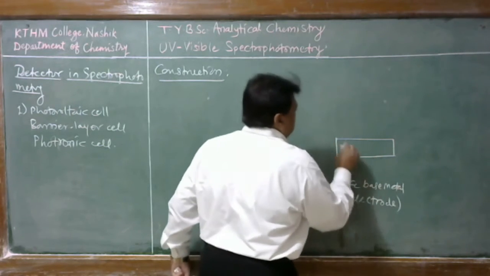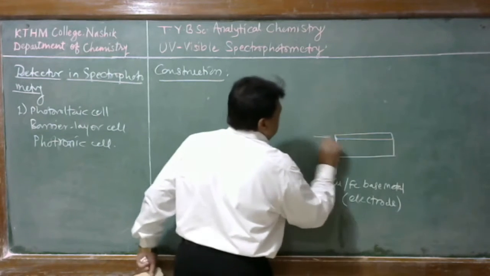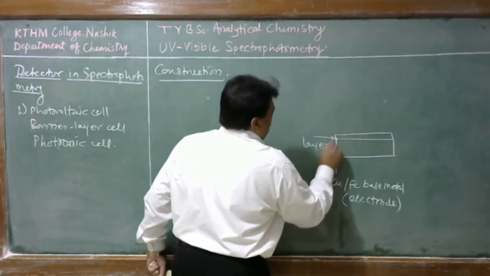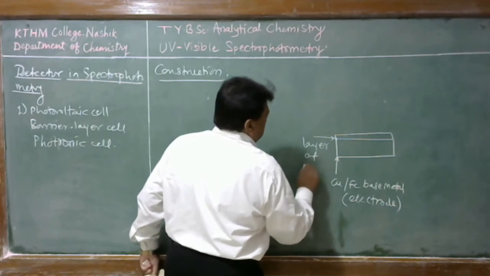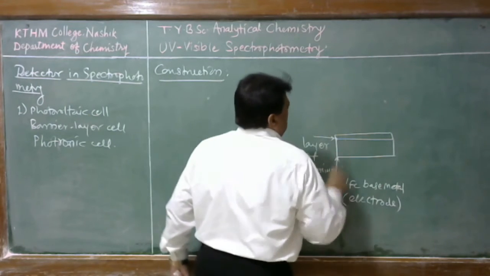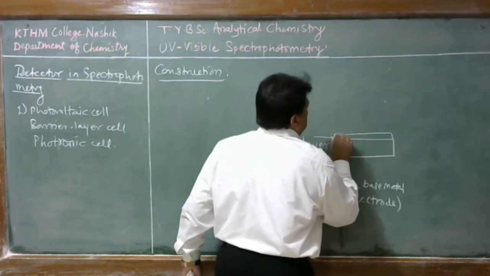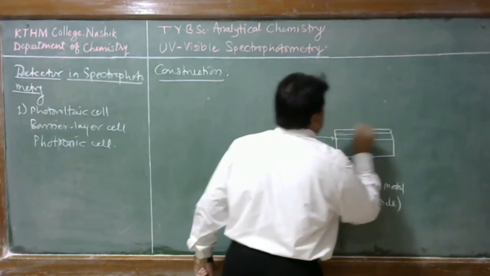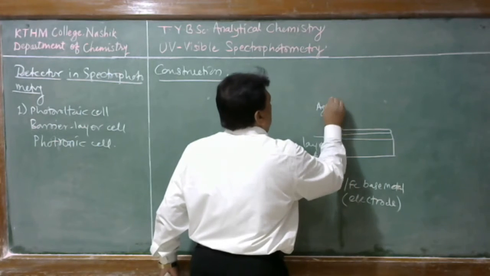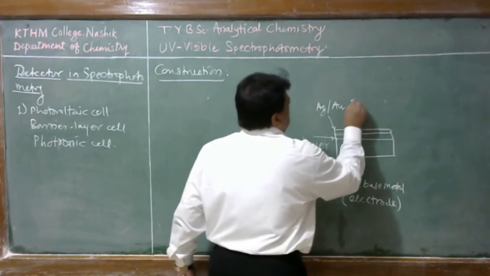Over this base metal, a layer of semiconducting material, that is selenium, is coated. Here there is a thin, transparent metal plate made up of silver or gold.